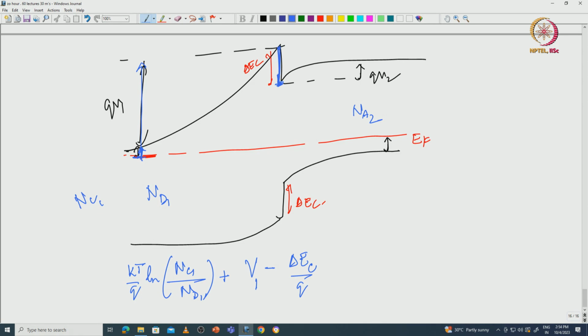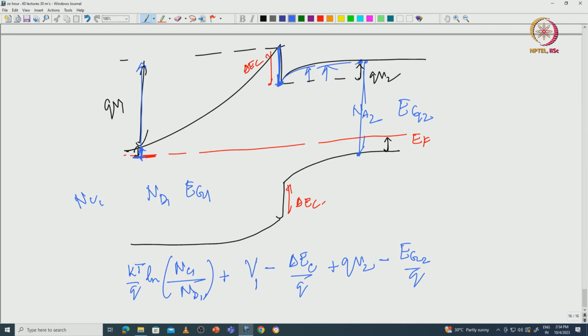Now I'll move up again by this quantity, so I reach this point. So I'll move up by plus QV2. Now I'm at this point, I'll come down by the entire band gap, and the band gap is EG2. This band gap is EG1. So I'll come down by that, so minus EG2 by Q. So I'll remove this Q again.